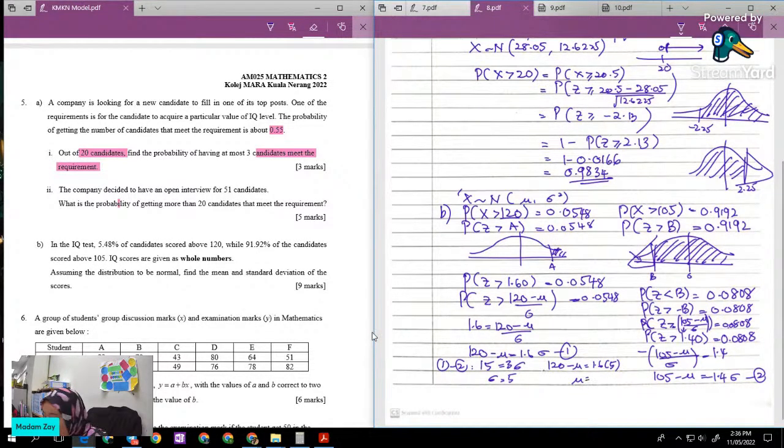So, mu is equal to 120 minus 1.6 of 5, 112. So dapatlah nilai mean dengan standard deviation. Mean equal to 112. Standard deviation equal to 5.